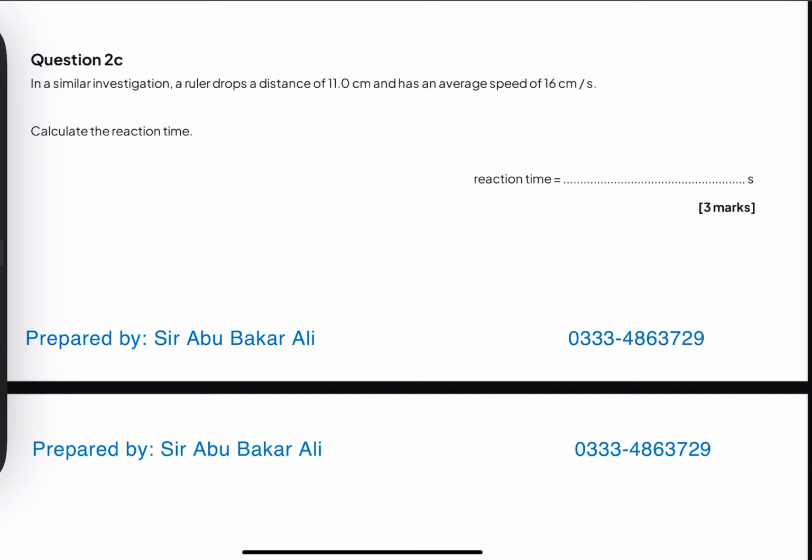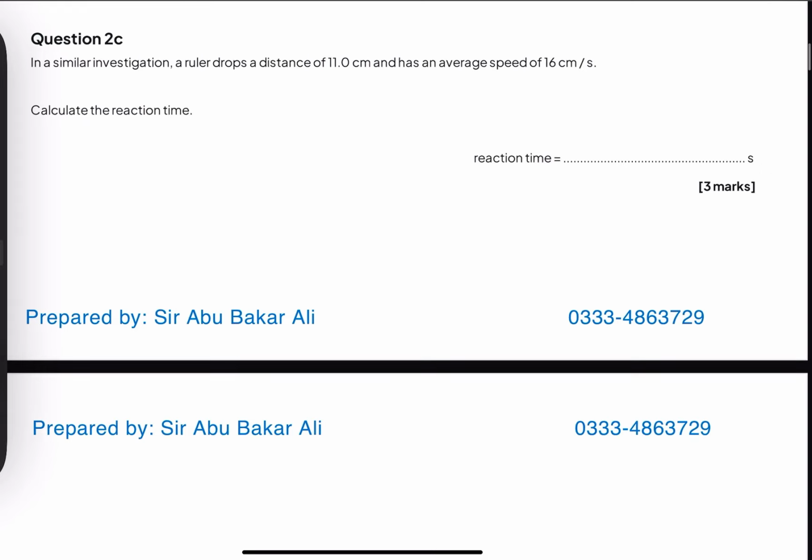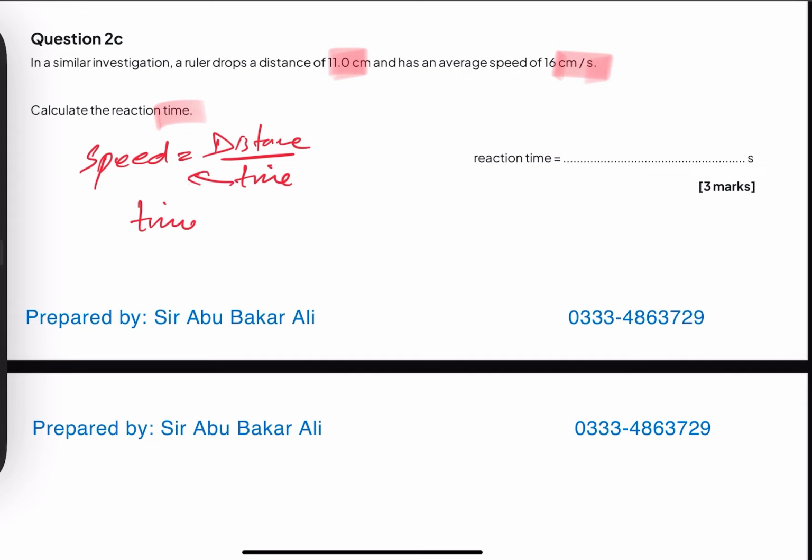2C. In a similar investigation, a ruler dropped a distance of 11 centimeter and has an average speed of 16 centimeter per second. We have to find the time. What we have been given is distance and speed. A relation that relates distance, speed, and time is the formula of speed. That is, speed is equal to distance divided by time. So time will be equal to distance divided by speed.